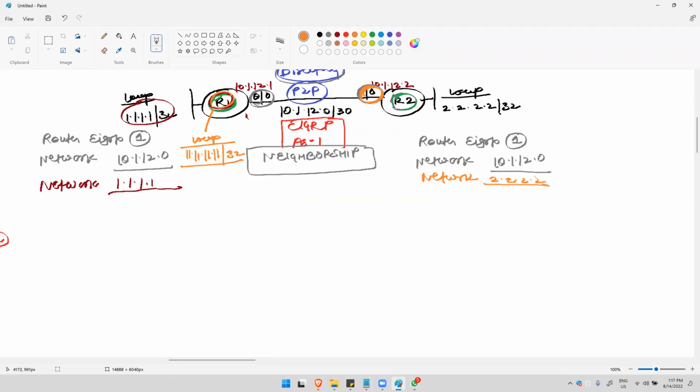So R1 wants to send which message? Update. But in RIP, which type of issue do we get? RIP always sends an update every how many seconds? 30 seconds. And every 30 seconds, is it a single route or multiple? Multiple. If you have 1000, it will send 1000 every time.